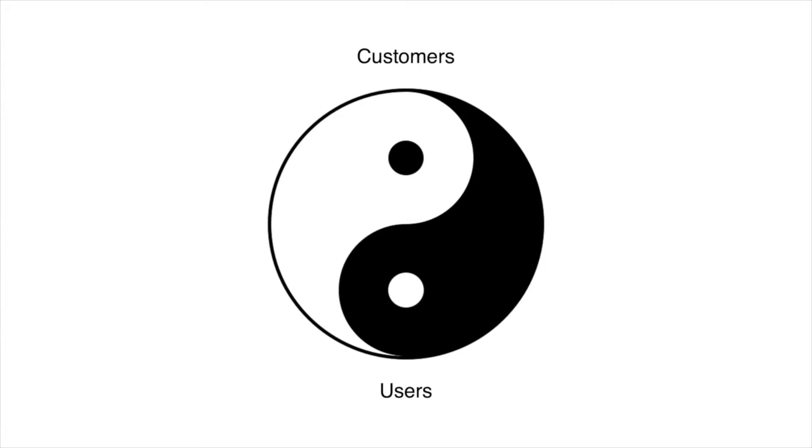And that throws up some interesting challenges, and it's not always easy to resolve those two poles. We have to design for both. We're designing a product, and the product needs to be purchased, which means the people who are interested in purchasing it need to see that it's going to be valuable. It needs to be attractive to them. They need to understand the problems that it's solving for their own team members.